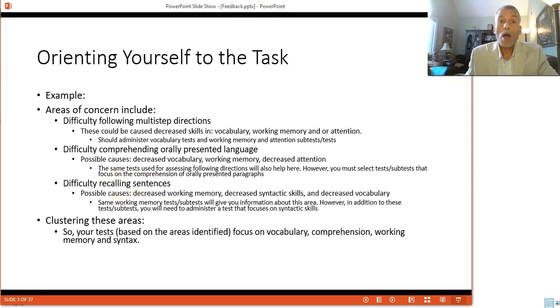So again, the two are related, and in that case you have to administer some kind of syntactic subtest to evaluate syntax. So in your language battery, you ultimately have to administer these as the main focus. You might have to administer another subtest somewhere here or there to get an overall language score, but these areas must be evaluated by particular tests that you choose.